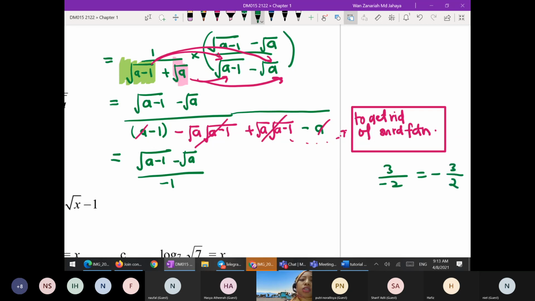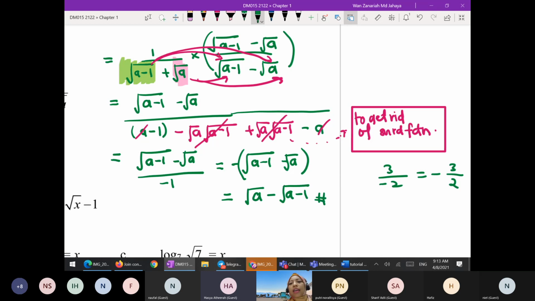Betul tak? So you just rewrite, susun sikit lah. Dia adalah negatif set A minus 1, minus set A. Okay, so you rearrange lagi. Dapat negatif positif. So set A kat depan minus dengan A minus 1. So this is your final answer. Understand or not?